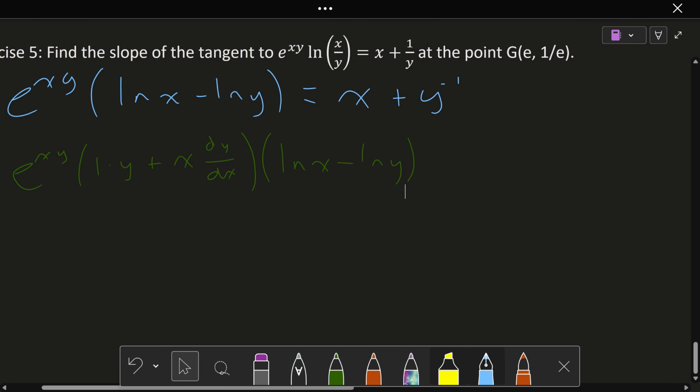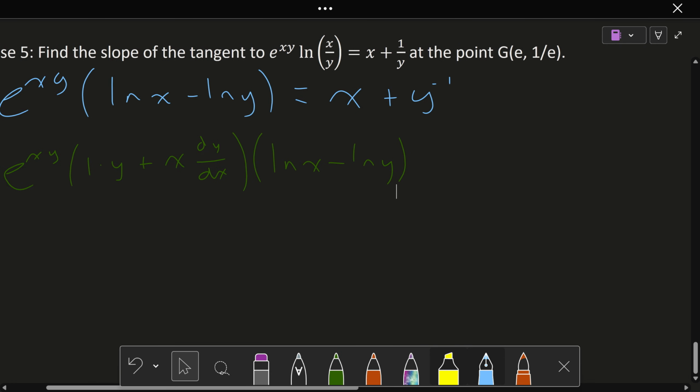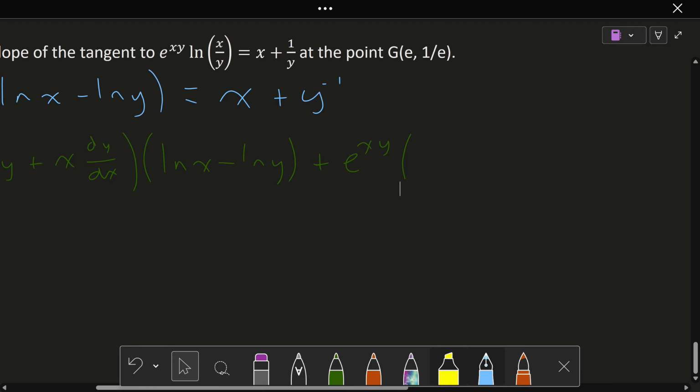So I'm still timesing that by ln x minus ln y. Now, because it is a product rule, I'm putting a plus. I'm writing down my e^(xy) because that's my first part of my product rule. Now I've got to times that by the derivative of ln x minus ln y. Okay, so the derivative of ln x is 1 over x.